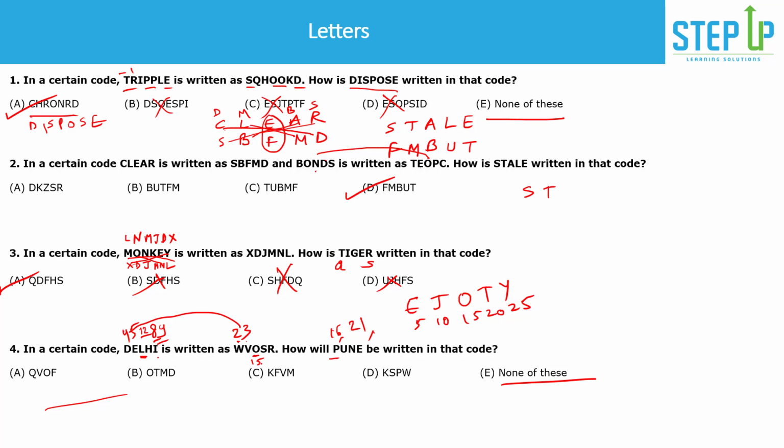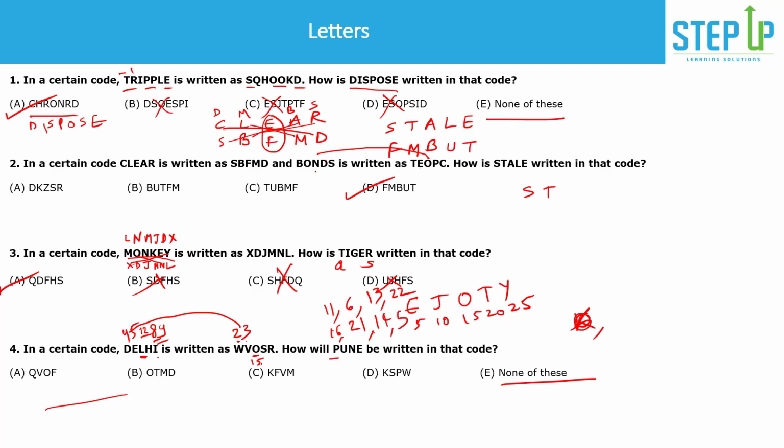K L M N O? N O. So that means 14. And E would be 5. So if this has to become whatever the reversal, the addition should be 27. So that means we are looking at the place value of 11. We are looking at place value of 6. Right, from reverse, we are looking at place value of 13. We are looking at place value of 22.